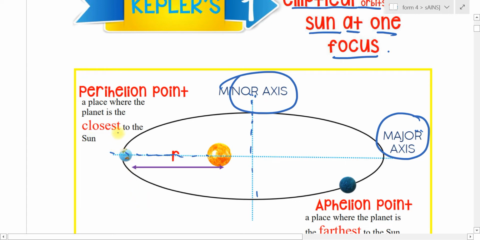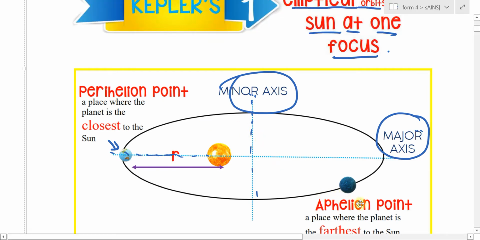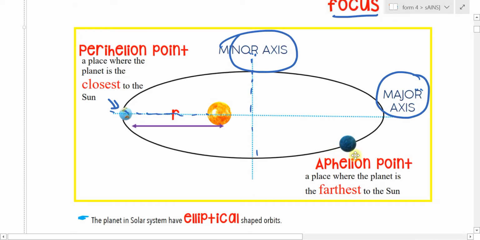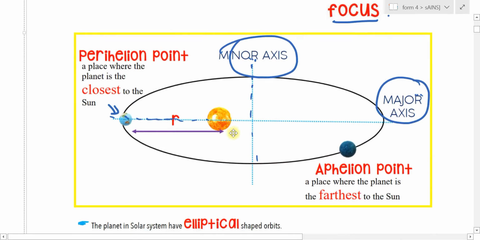For example, our Earth here is very close to the sun at this point. This point we know as the perihelion point. Whereas the aphelion point is the point that is the farthest, yang paling jauh dari matahari. So this is what Kepler's first law tells us.